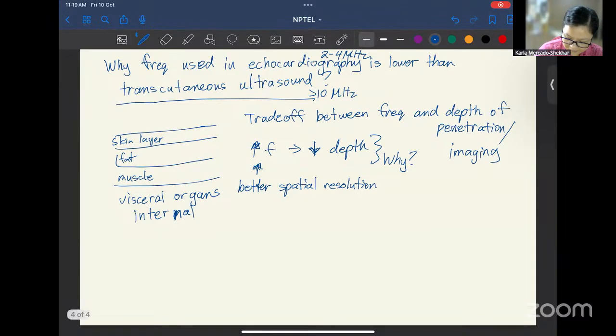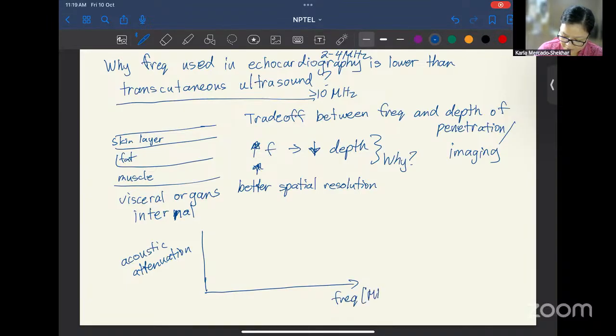So for instance, I can give you the acoustic attenuation relationship through the tissue as a function of the frequency of ultrasound, usually in megahertz. Acoustic attenuation is usually in decibels, and in the body, it's per centimeter. All right. So then you have this type of relationship.